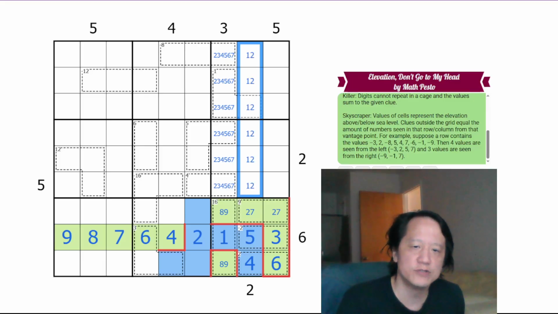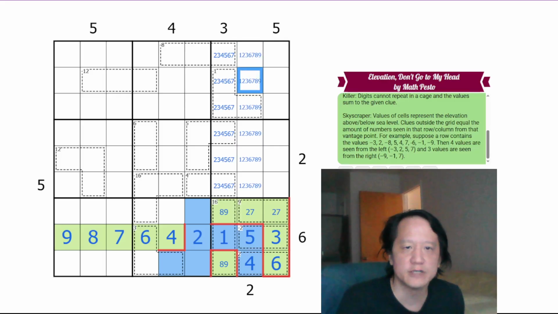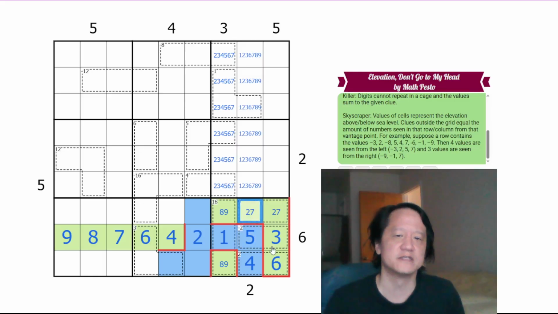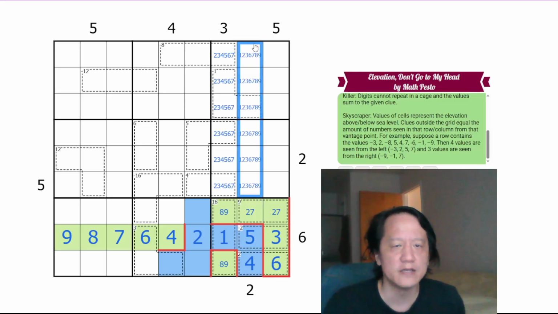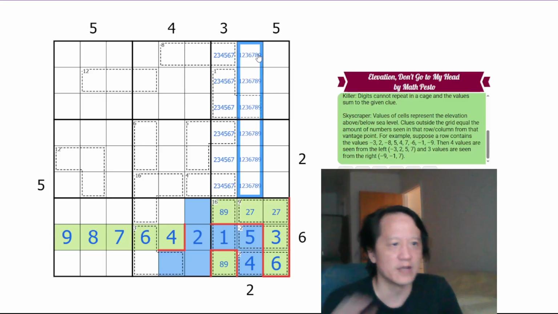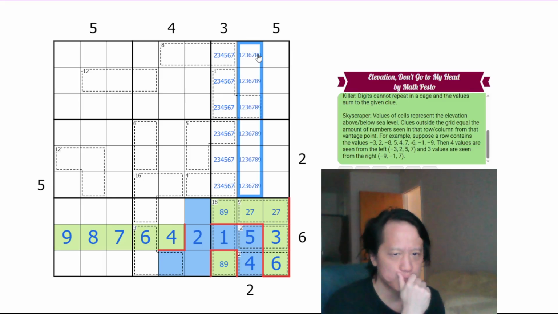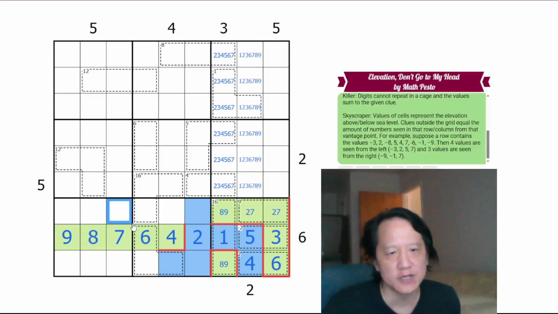So we have 1, 2, 3, 6, 7, 8, 9 as possibilities in column 8. This is very likely a 7 here, because then the 8 and 9 would just have to be negative here. If it's 2, that's a lot of negative values that have to be there. So this is 6.